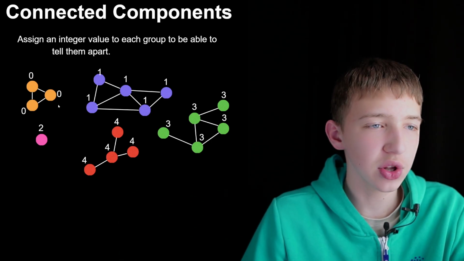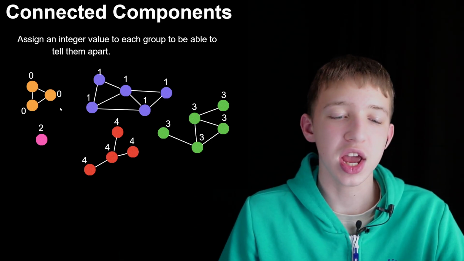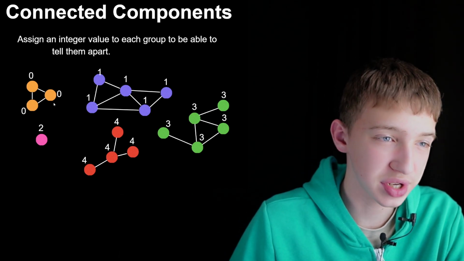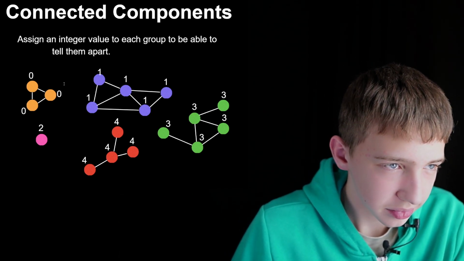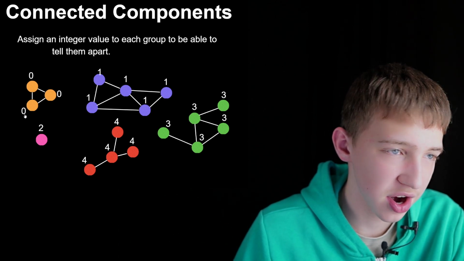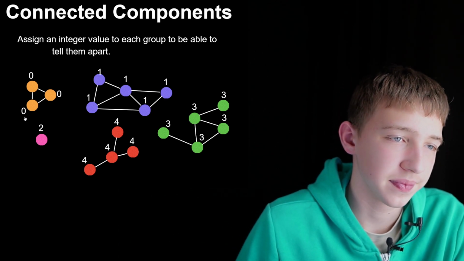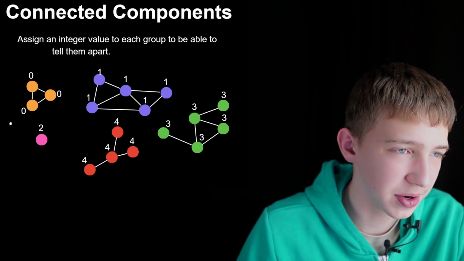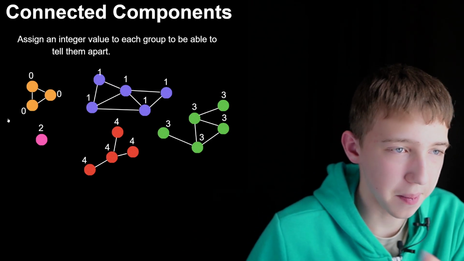The array of these colors is most often called color. However, we can call it ID or whatever. So here, for example, purple has the ID of 1 and green has the ID of 3, whatever. It is not that important.